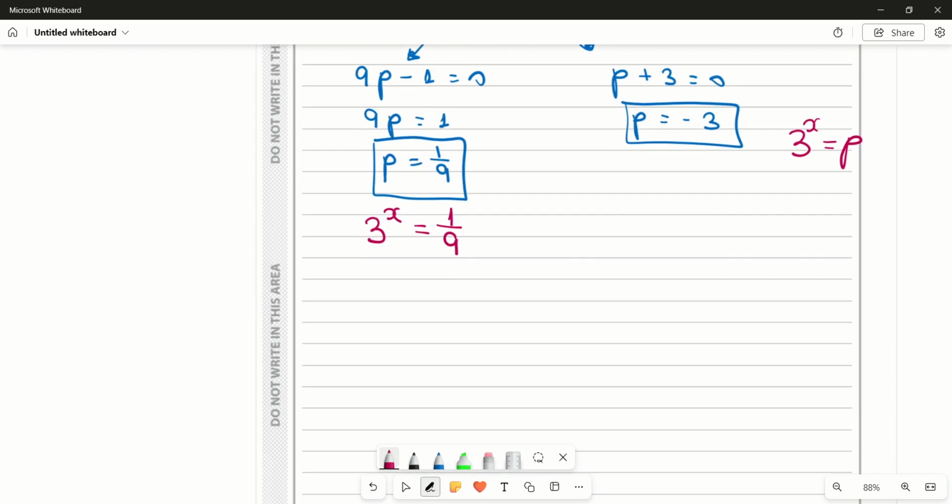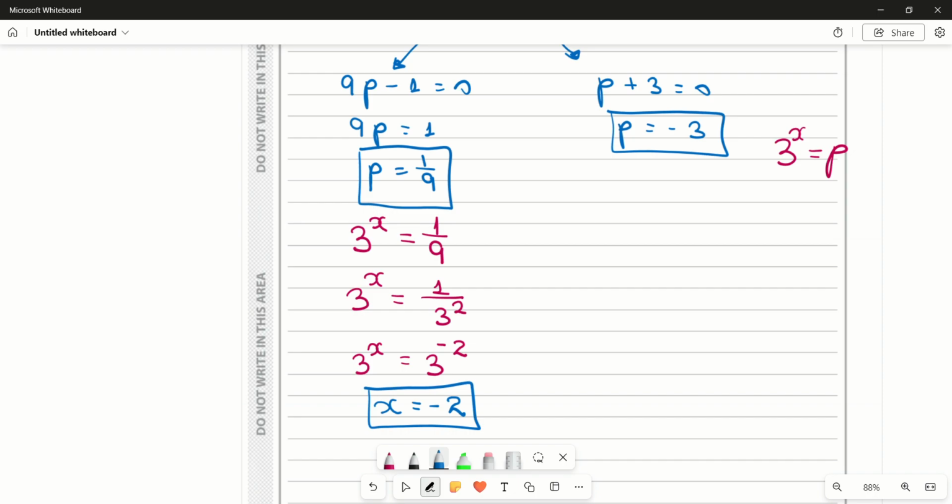Now this can be rearranged as 3 to the power of x is equal to 1 over 3 squared, and can be rearranged further into 3 to the power of minus 2. Now I can ignore the base number and I can equal indices, so the value of x is equal to minus 2. It's the first value of x.